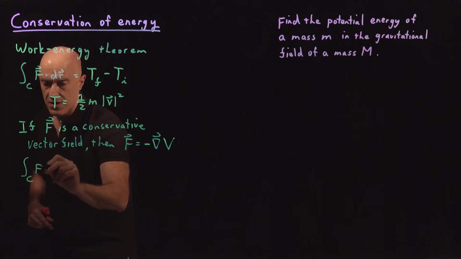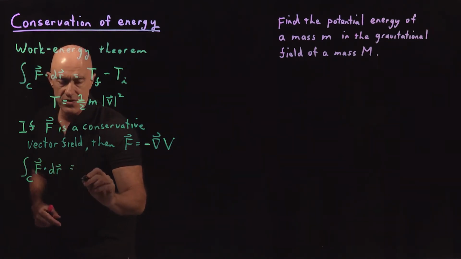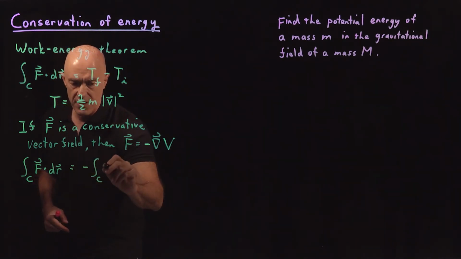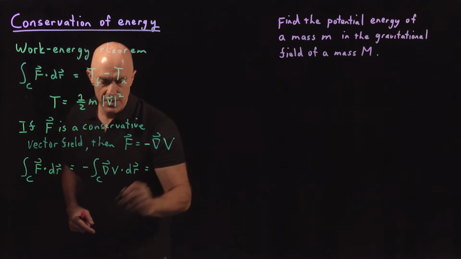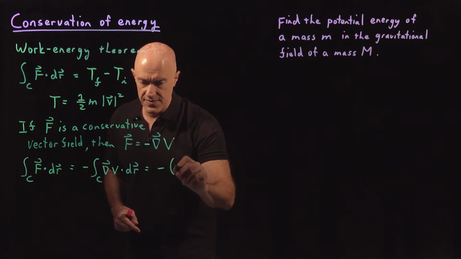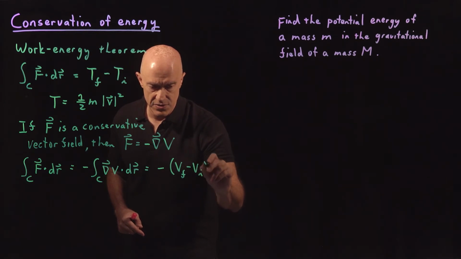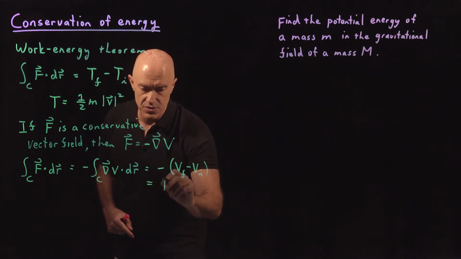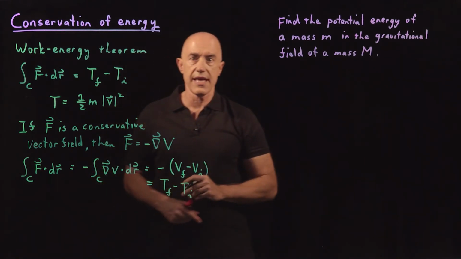The work integral of F dot dr over the curve is equal to the negative of the integral over the curve of del V dot dr. And then using the gradient theorem, that's the negative of the final value of V minus the initial value of V. And then using the work-energy theorem, that's equal to the final kinetic energy minus the initial kinetic energy.